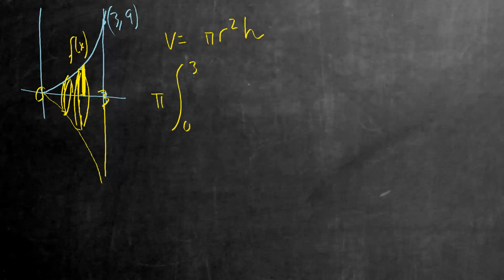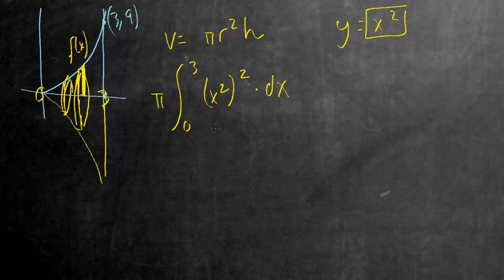You'll also see the pi written right here. It's just a number, just a constant. And what is my r? Y equals x squared, so my height is x squared. X squared times dx. There it is.